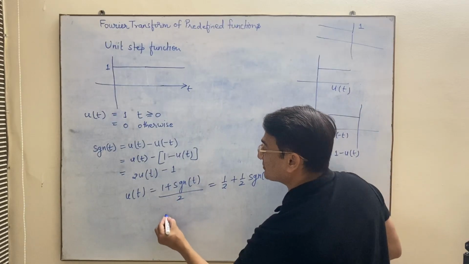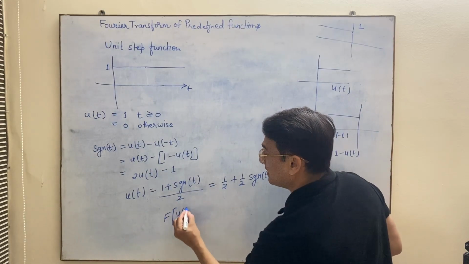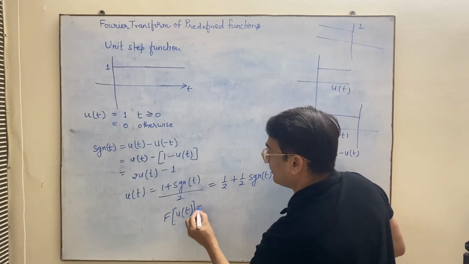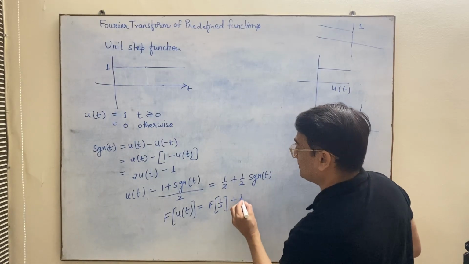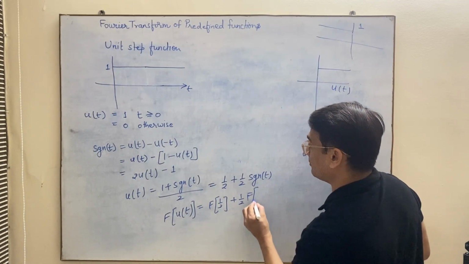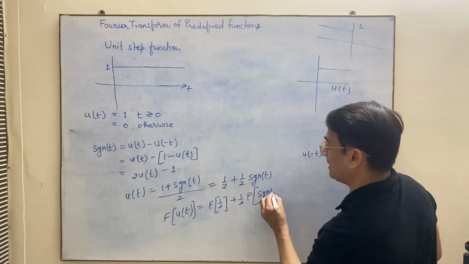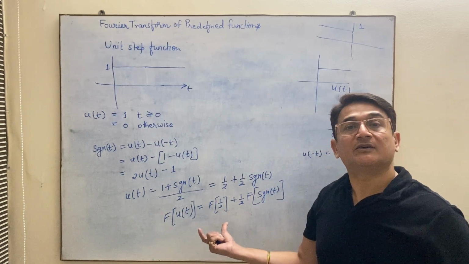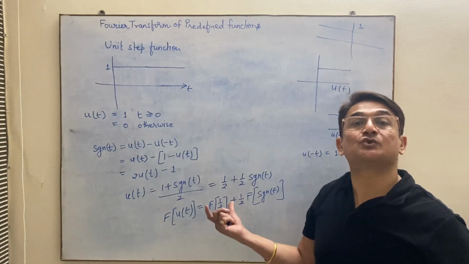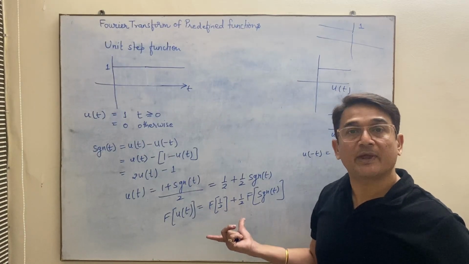Now the Fourier transform of u(t) is nothing but the Fourier transform of 1 by 2 plus 1 by 2 times the Fourier transform of signum t. You have already calculated the Fourier transform of a constant, which is 2 pi a delta omega.